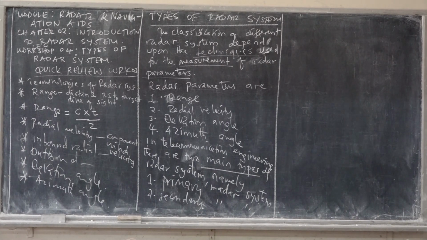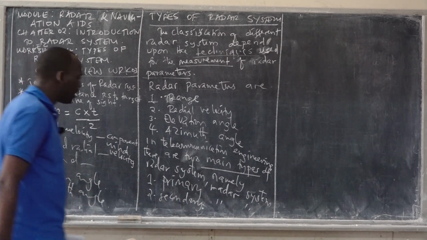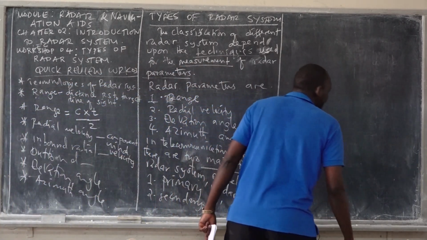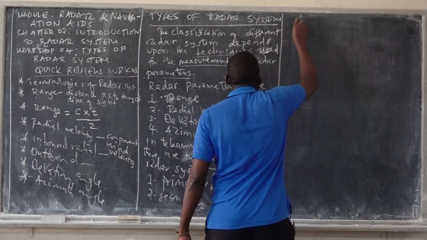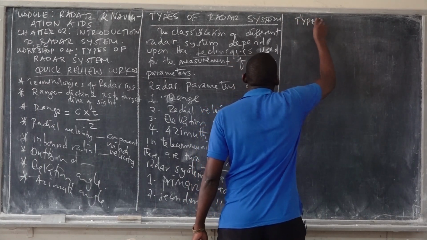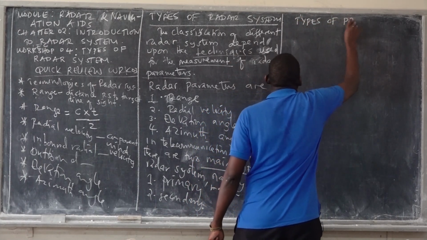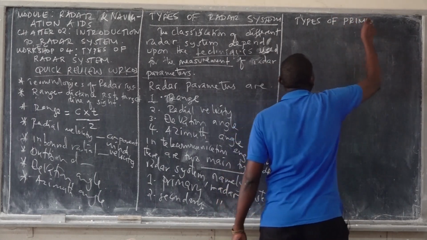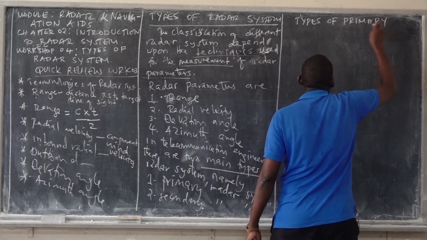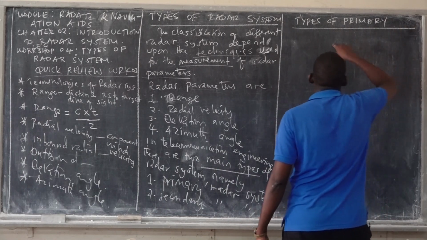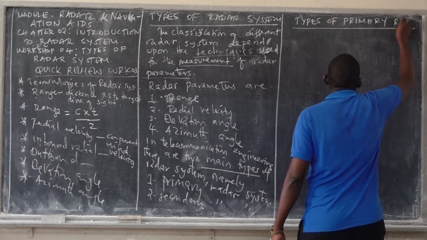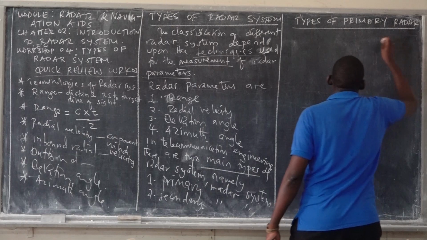Yeah. So then we have the primary radar system. Let us categorize. Let me just give you the general concept: types of primary radar system.